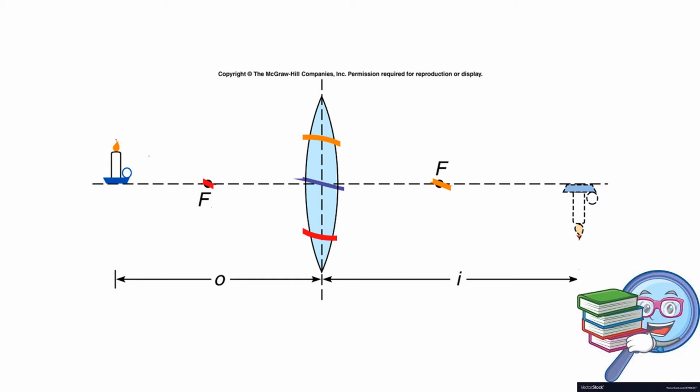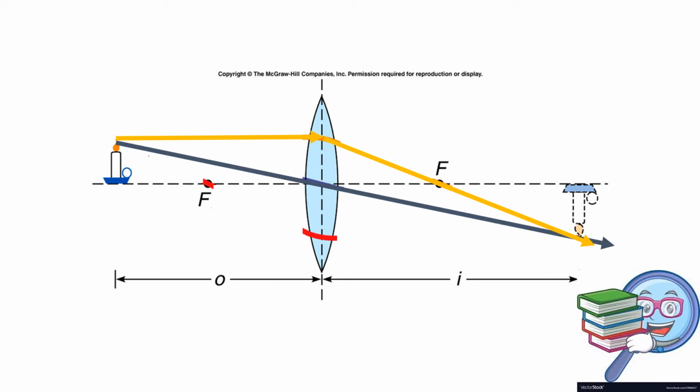When light rays leave the object and travel parallel to the principal axis, they will be refracted towards the focal point. When the light coming from the object passes through the center of the lens, it will not be refracted, it will just travel in a straight line.